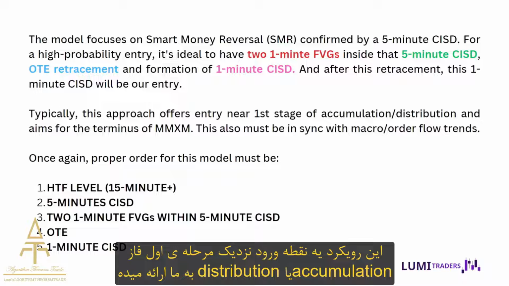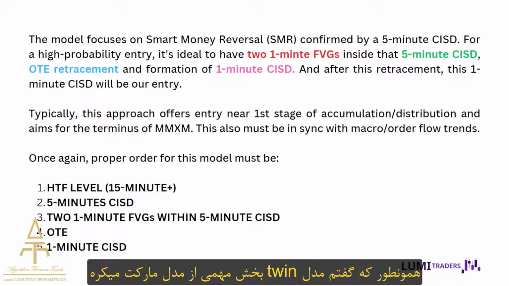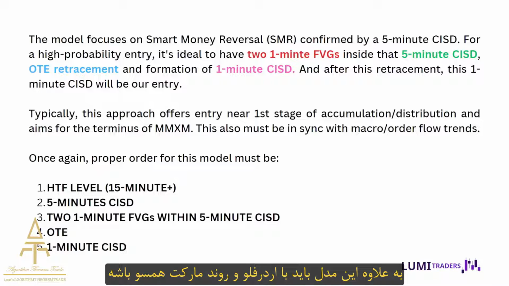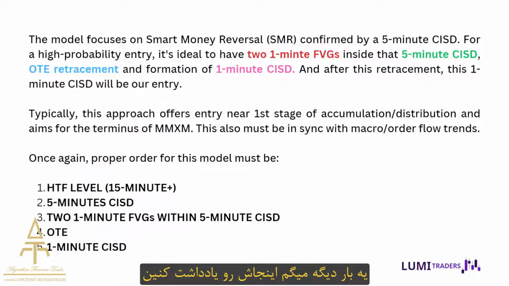So this approach offers entry near first stage of accumulation or distribution and aims for the terminus of market maker model. As I said, twins model is important part of market maker model. This also must be in sync with macro and order flow trend. Once again, take a note right here.